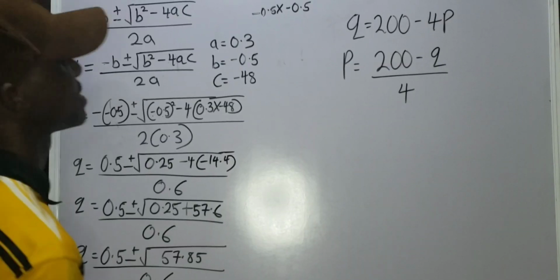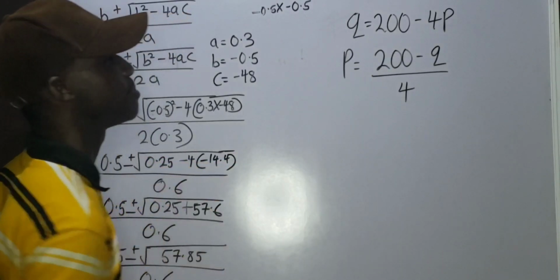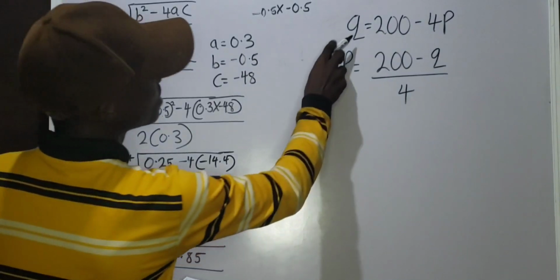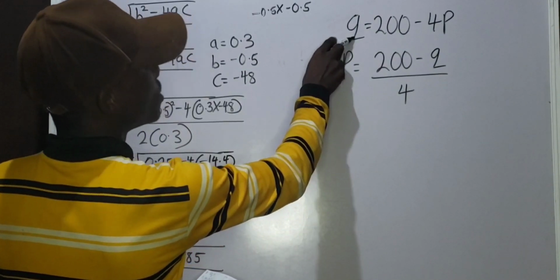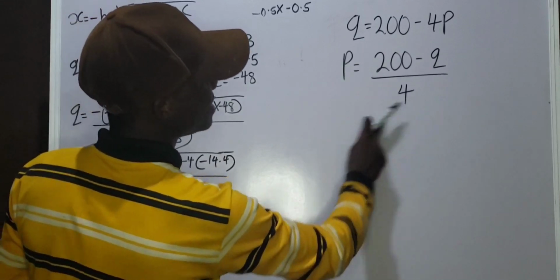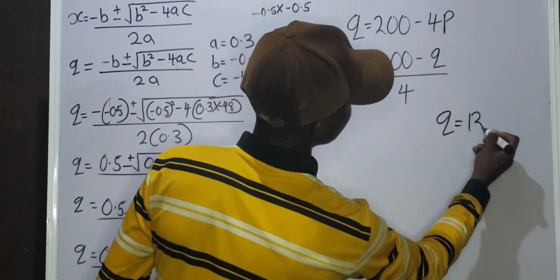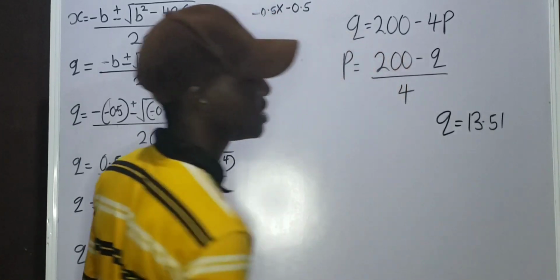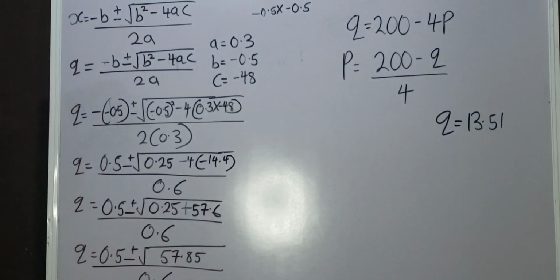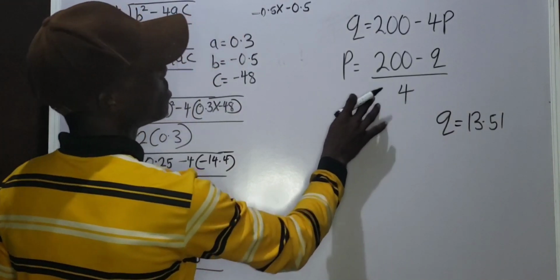Don't forget that in the question we've been given that the demand schedule is 200 minus 4p. From this demand schedule, I make the price the subject of the relation, so I get the price function. So when q is equal to 13.51, which is what we got as the value of q in our profit maximization function, I'm going to substitute the value of q into the price schedule.